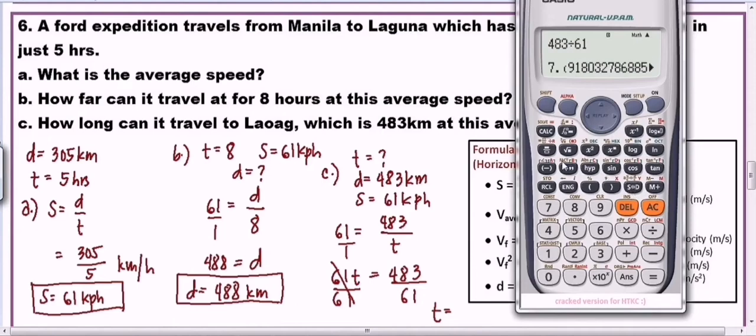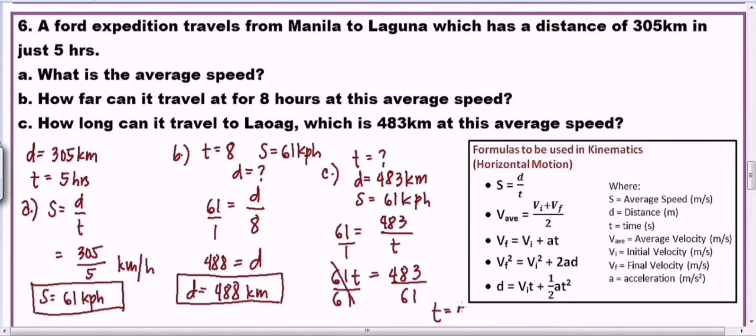So, we will have 7.92. So, 7.92 hours. Kala ko seconds eh. Hours nga pala yung binigay. So, magta-travel siya at 61 km per hour yung speed niya. So, makakarating siya sa Laguna, which is 483 kilometers ang distance, in a span of 7.92 hours.